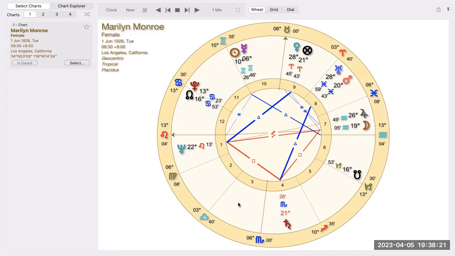What we're trying to read is, when Mars throws its light to Saturn, what does it do? How does that impact the relationship, making Saturn better able to do Saturn things?